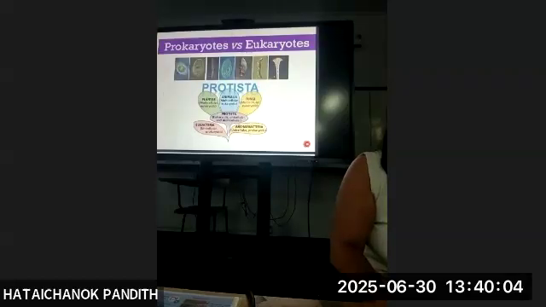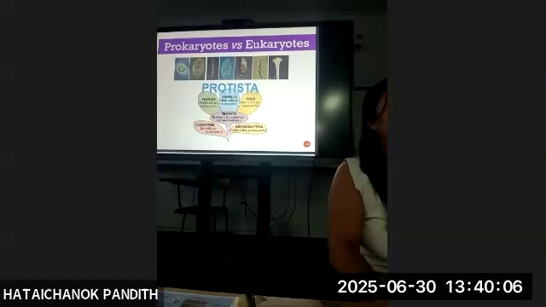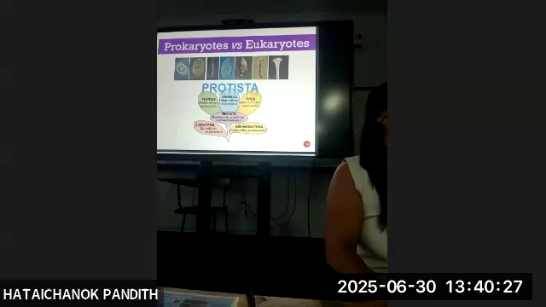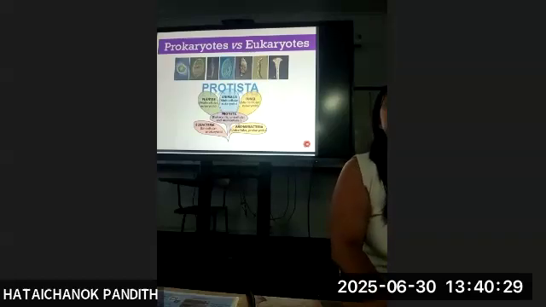Here, if you look at the diversity of the organisms, we can see that the archaeobacteria are unicellular, and the prokaryotes go together. Here is the eubacteria that I told you is the real bacteria. It developed into another branch, but is still unicellular.